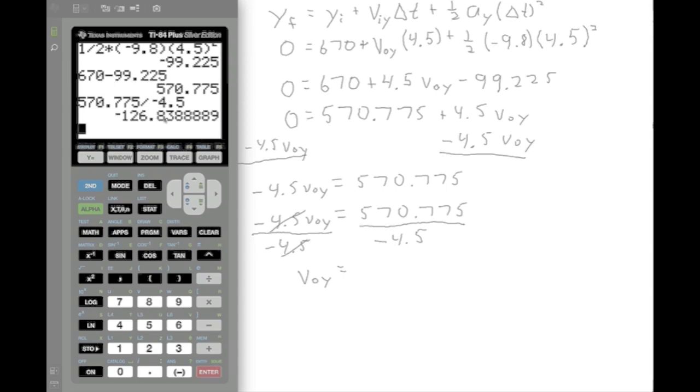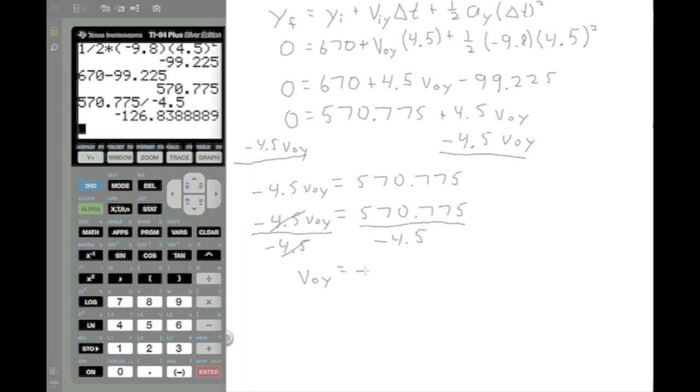This digit is an 8, so I'll round this up to negative 127. Remember that when we get a number by itself, we should put the units in.